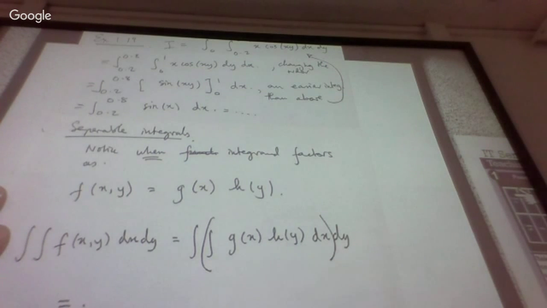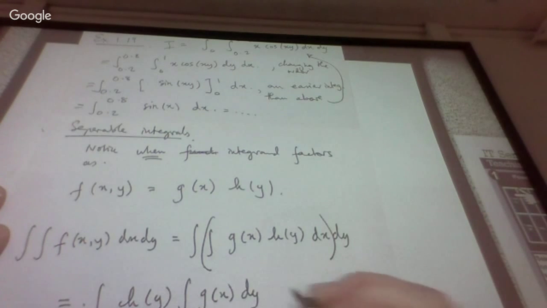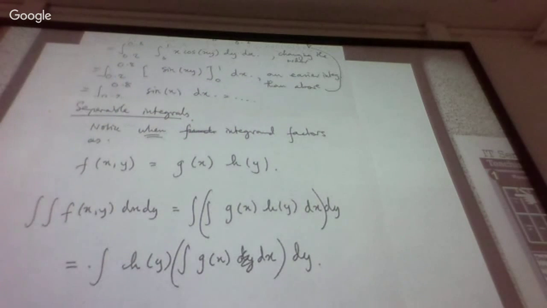And a constant multiplying a function of x, which is to be integrated with respect to x, can simply be taken outside. So there we're factorizing the h of y outside of the inner integral.